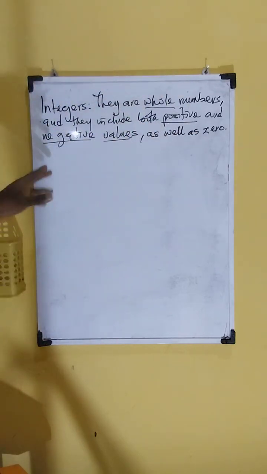So what it means is that integers can either be a positive number or a negative number. Or maybe we put it this way, it can either be a positive value or a negative value.